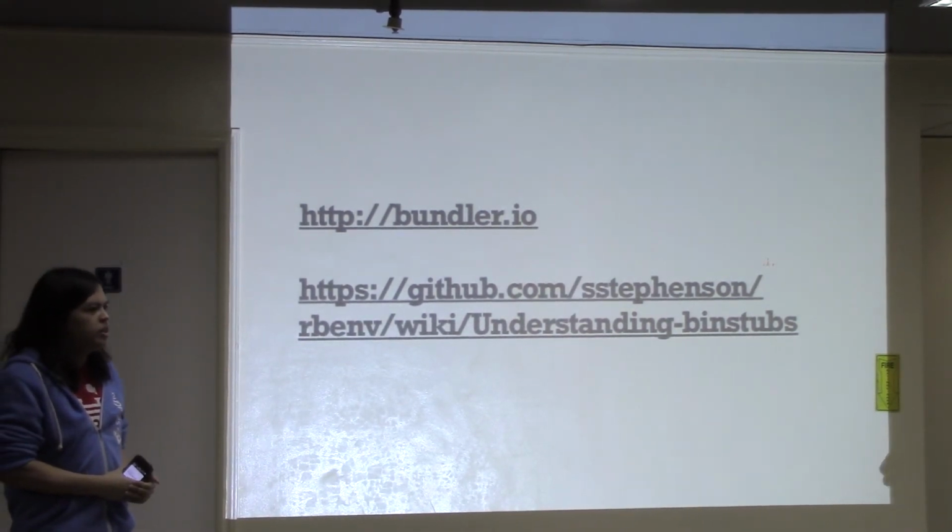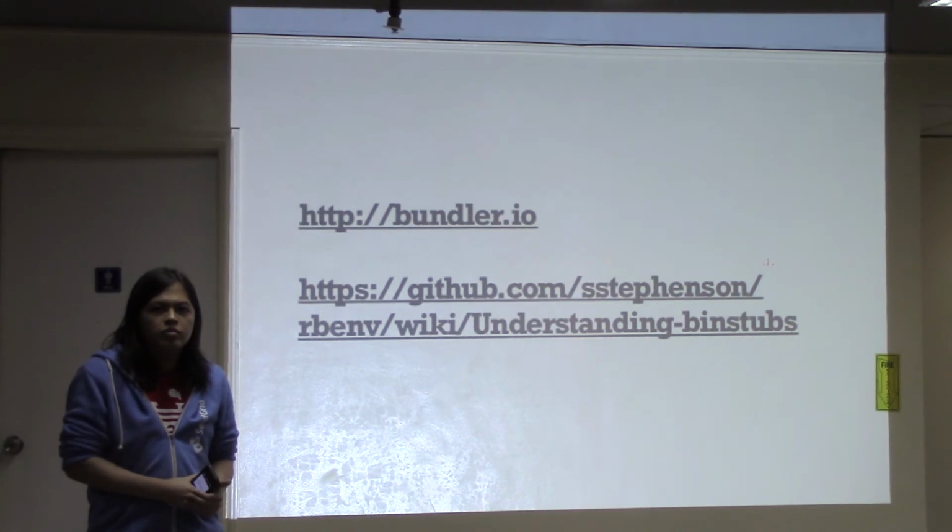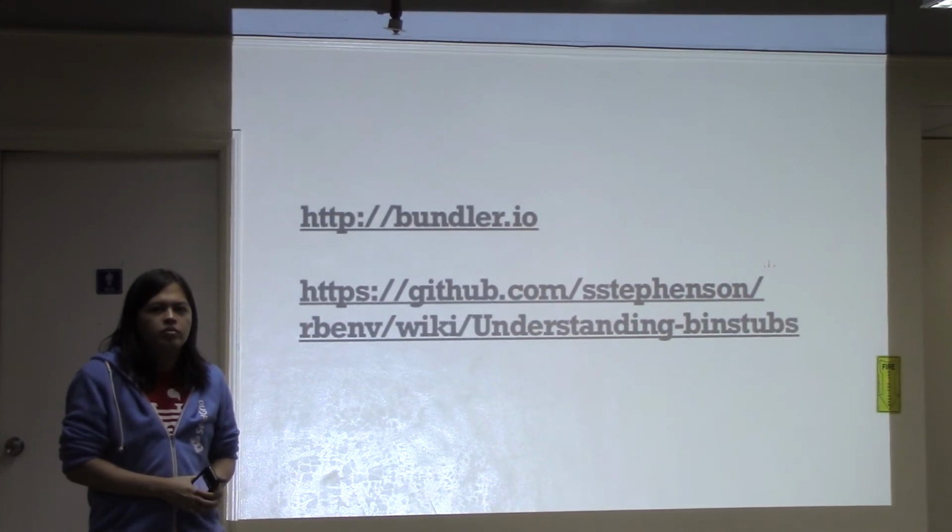So this is a wrapper. I think in addition in Rails 4.1, they also modify the Rake and Rails bin stub if you want to enable Spring. So it just adds another line.